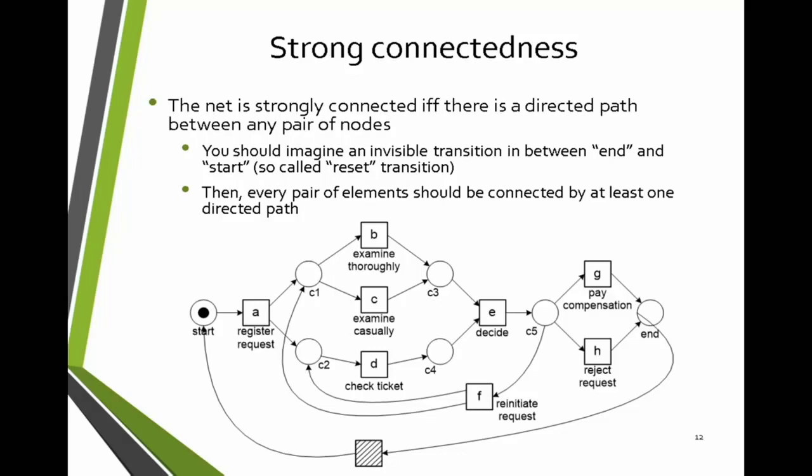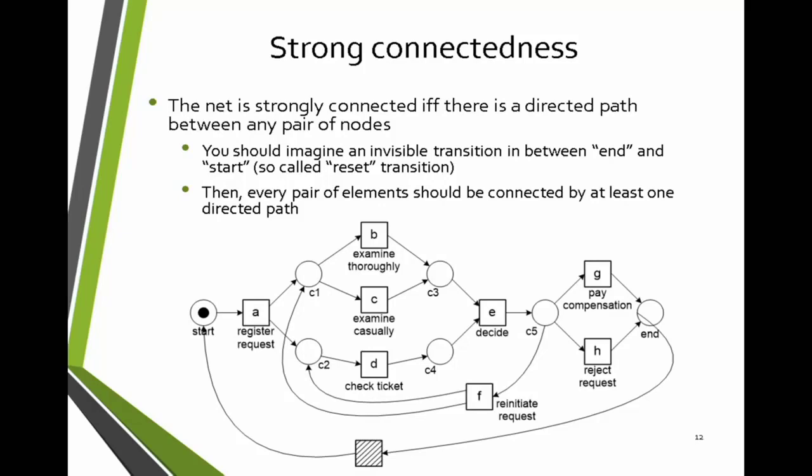So this reset transition is only something that we use for some purposes. One of them is to check the strongly connected property of a net. This makes that we have a directed path between, for instance, E and A, because we can go from here like this to A.